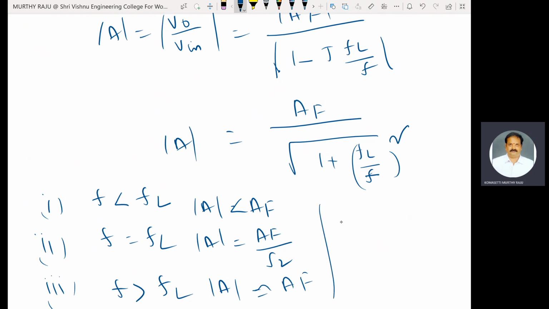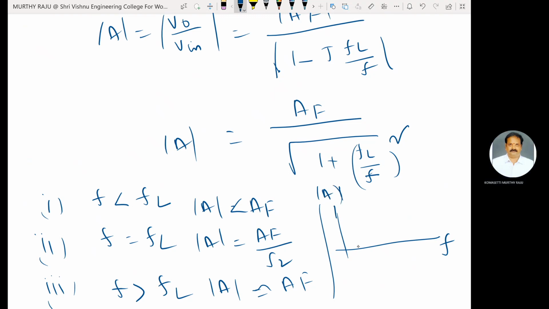The frequency response curve is like that. Plotting F versus mod A, the gain increases up to F equal to FL. Here the gain is AF, and this one is AF by root 2.